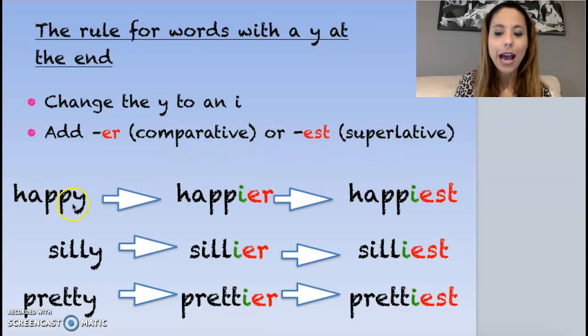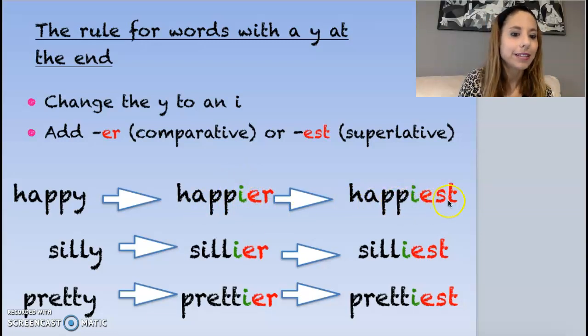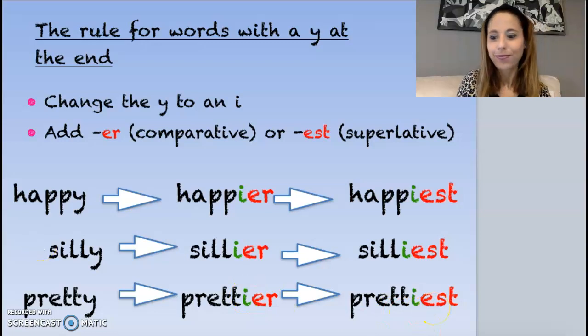So see, happy, we have Y here, happier, no Y. Now there is an I, and then er. Happier and happiest, the same. Silly, sillier, silliest. And pretty, prettier, prettiest. See? It is very easy.